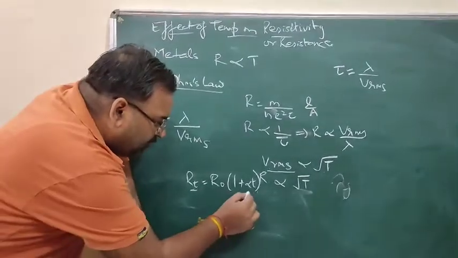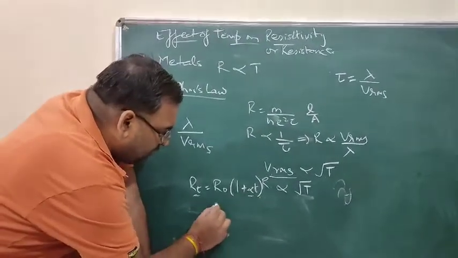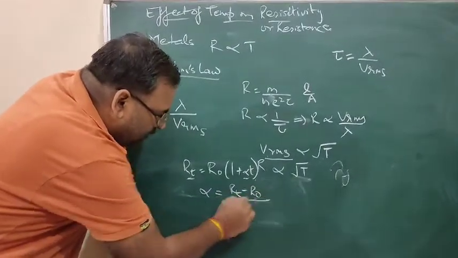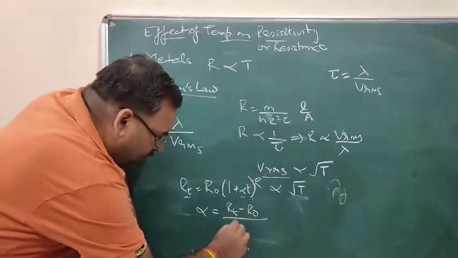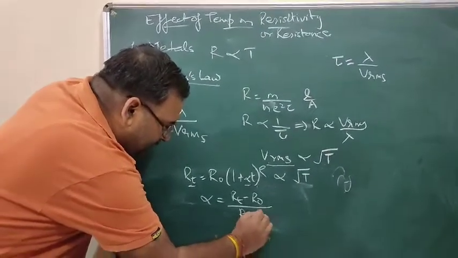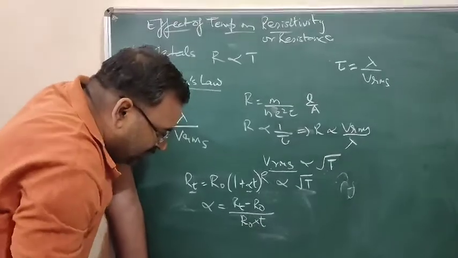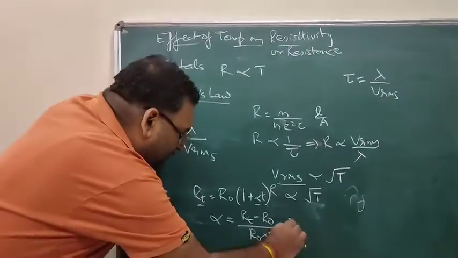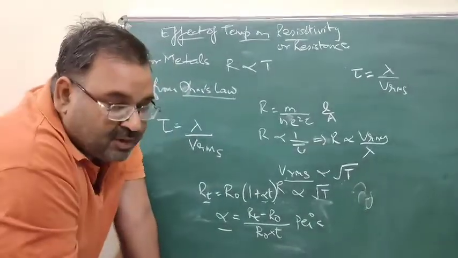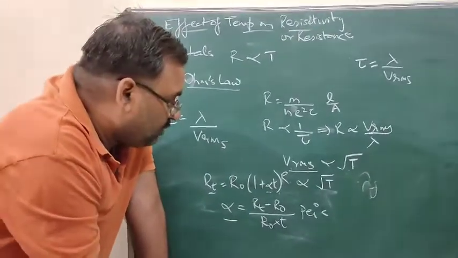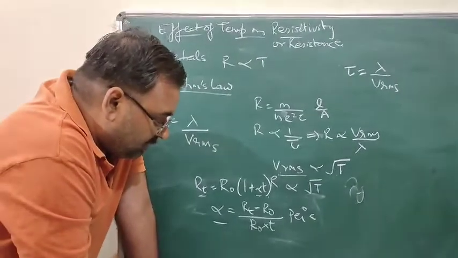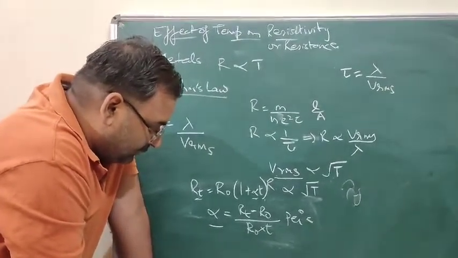And if you have to find out the temperature coefficient of resistance, alpha is equal to (RT minus R0) upon R0 into T, where T is the temperature. So the unit is per degree Celsius.